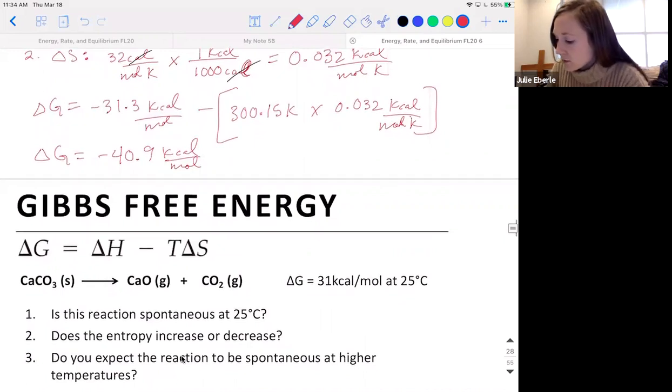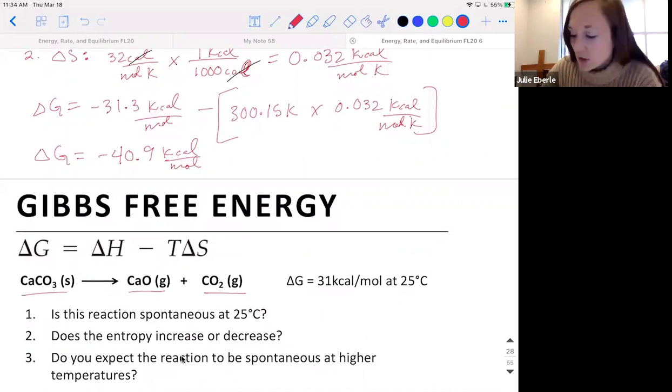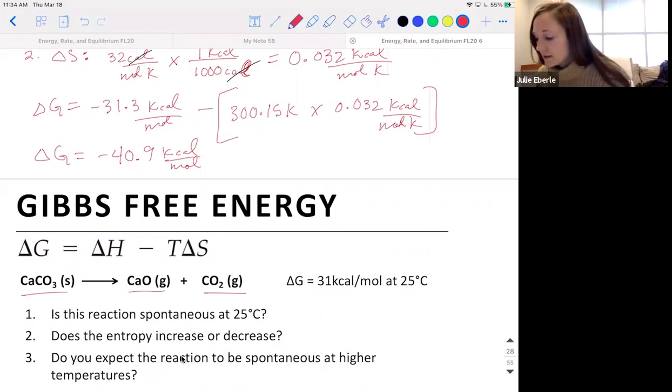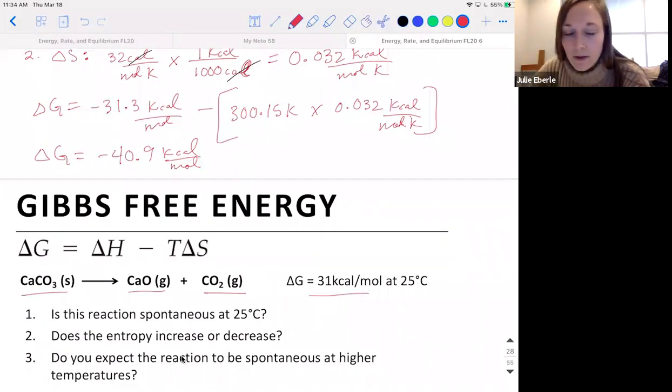We can look at this reaction down below as well. We got CaCO3. It's a solid, calcium carbonate. And we are decomposing directly into two gases. Interesting. Solid straight to gases. Calcium oxide and carbon dioxide gas. And then it gives you the delta G. That's nice. We aren't calculating it this time. Danielle, this is going to answer your question.